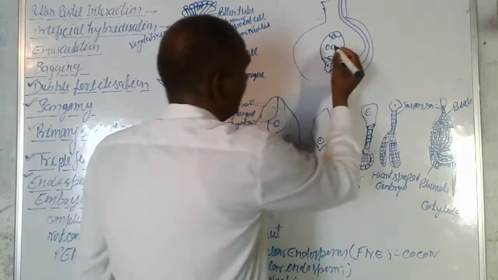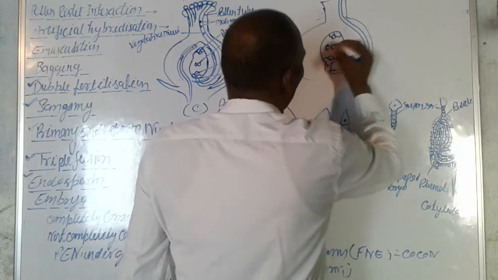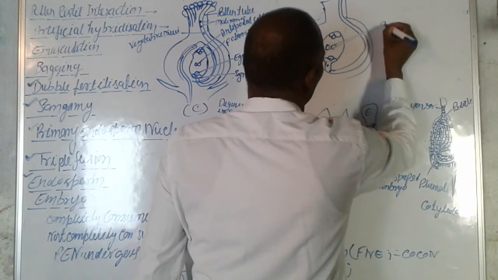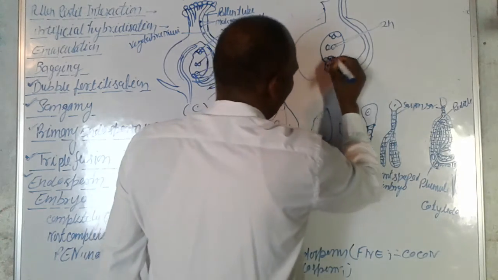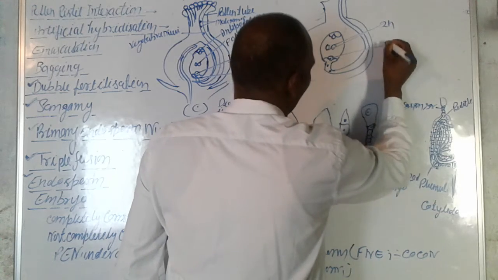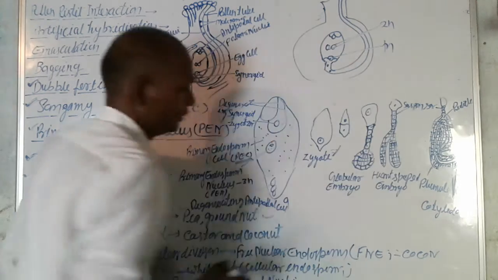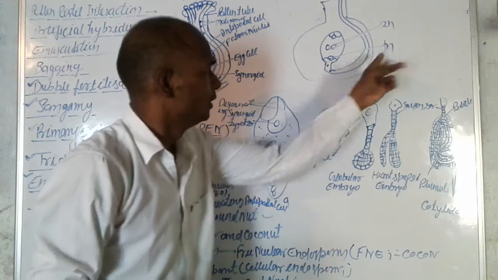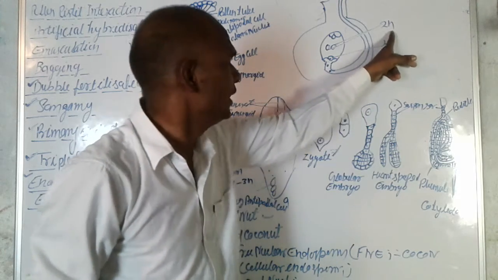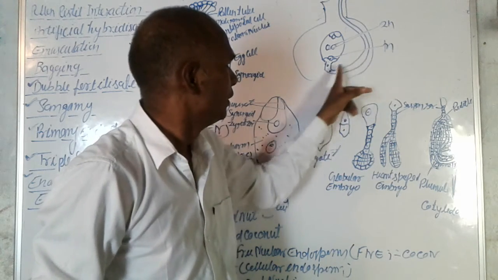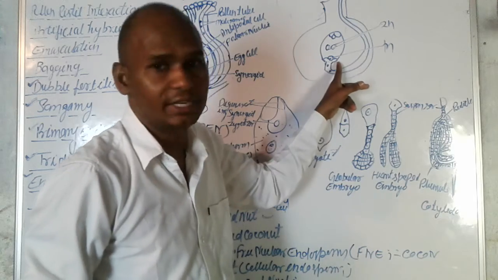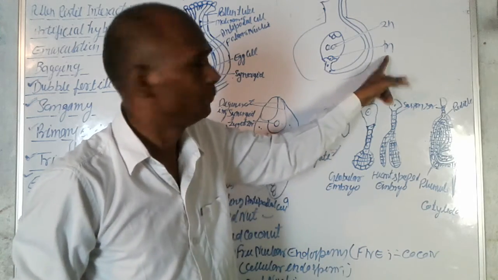We know about the polar nuclei: polar nuclei is 2n, and the egg cell is n.